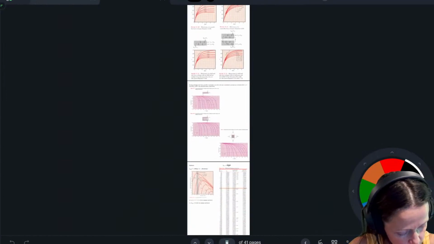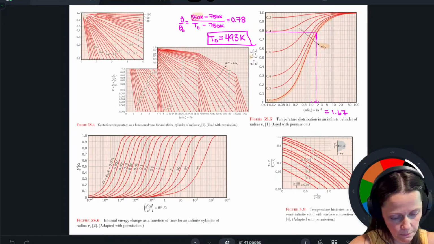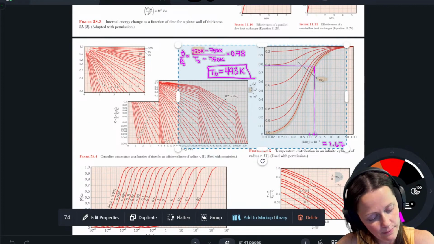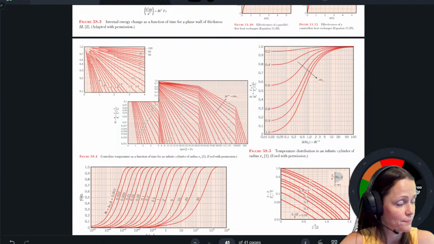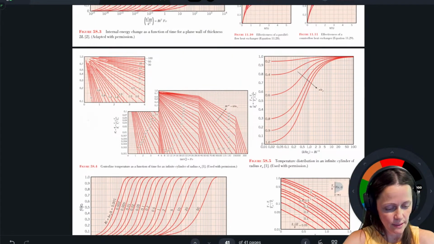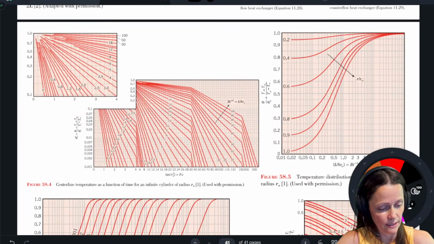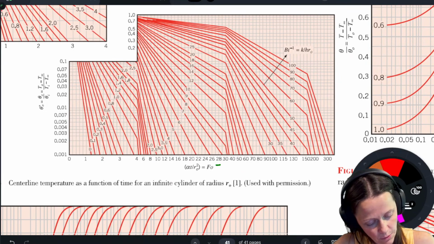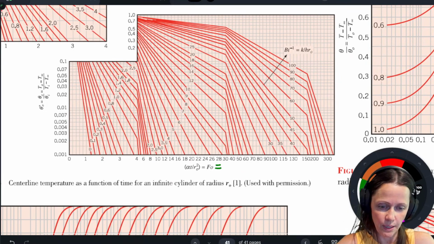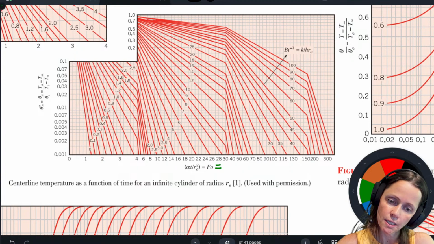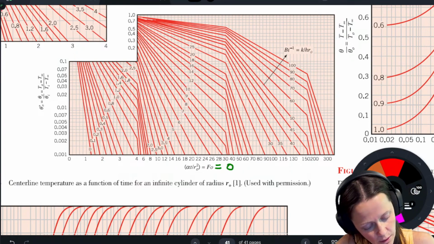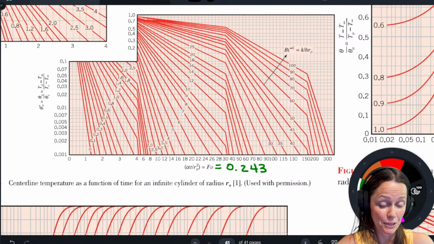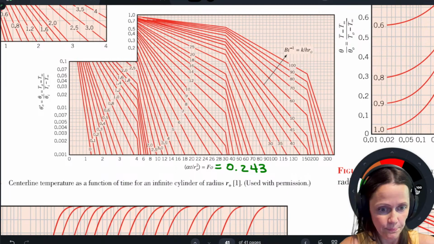Again, that's going to be page 41. All right. So we are looking at an inverse Biot number. Let's at least write that down. So we know our Fourier number, right? Maybe this will be useful. Our Fourier number is 0.243. Still above 0.2, barely.